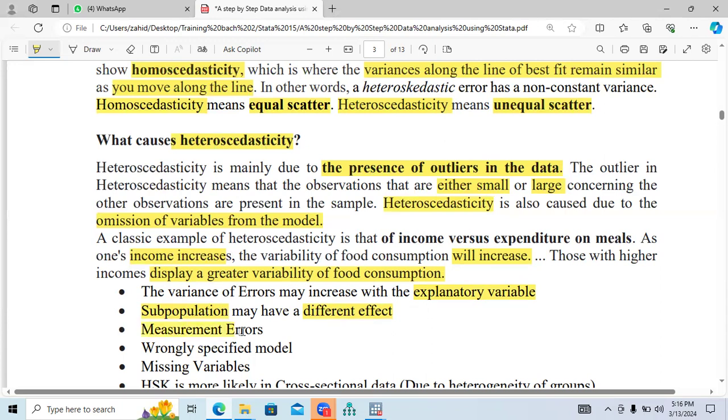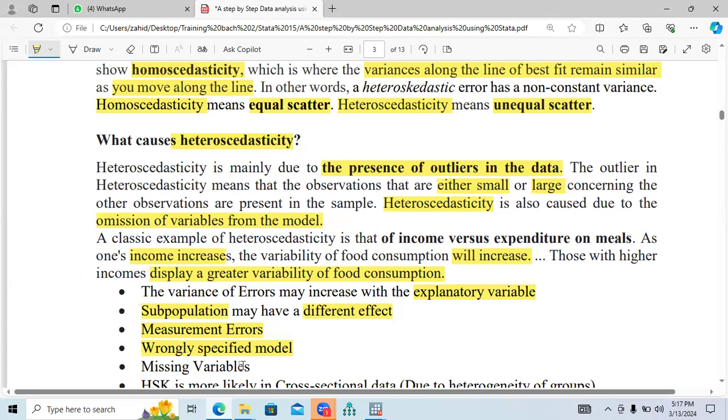There might be measurement error. Sometimes the formula that we are using for measuring our independent variable or dependent variable may have some error. In that case, there is a high chance of heteroscedasticity there. There might also be a wrongly specified model. It may be possible that your data requires a time series model and you are applying a pooled model, or your data requires a panel model and you are applying a cross-sectional model.